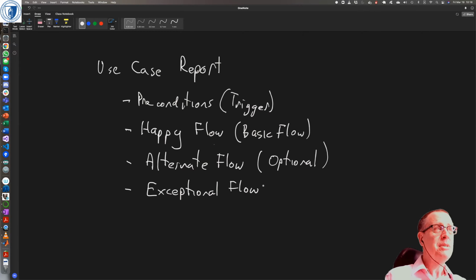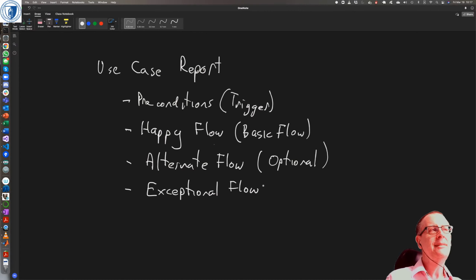The happy flow, as the name suggests, is what happens when everything goes right. It's what you want your software to do, or your system to do, if it involves hardware as well. The exceptional flows go through every step of the happy flow and every step of each alternate flow and say, if this goes wrong at this step, what do I do?